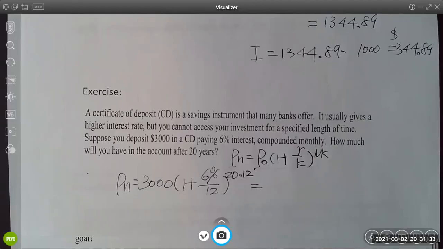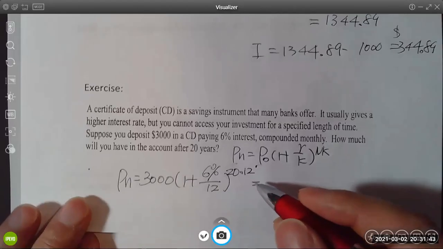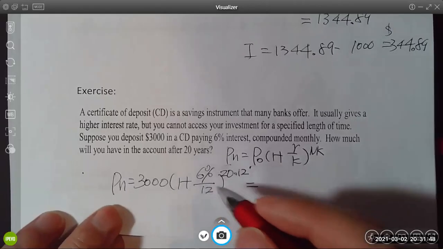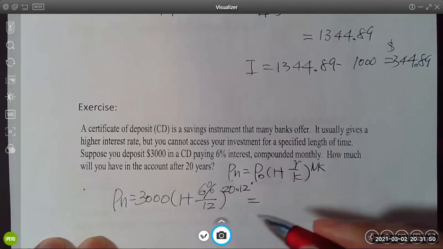So your answer has to be within 5 cents above and below the true answer to be considered correct by the computer. That's why we need to control the rounding error so that we don't do this part individually, separately. We let the calculator do the whole thing.